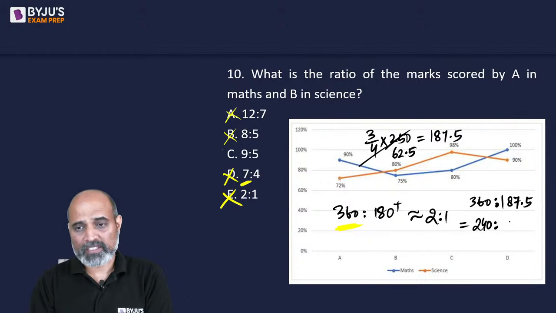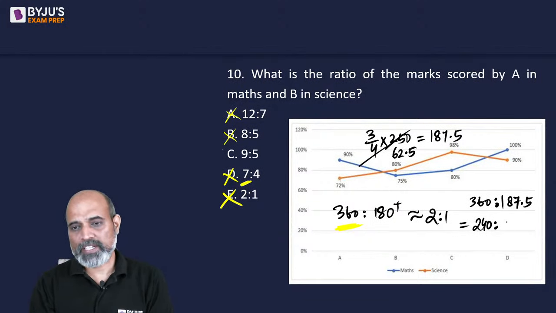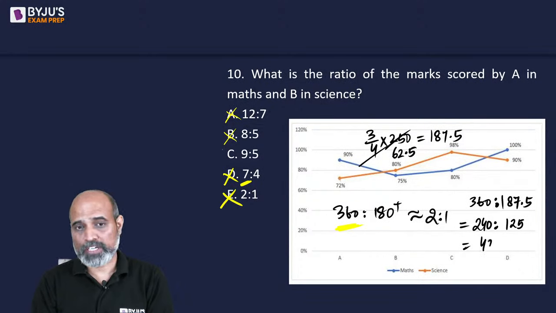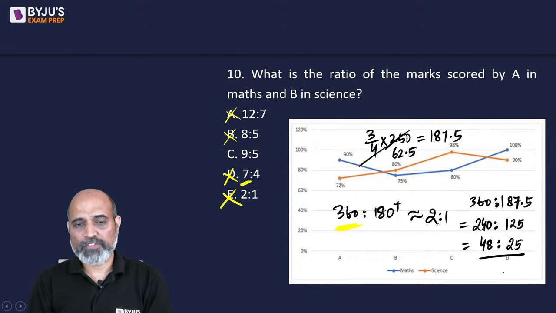And about this, 125 का 1.5 187.5 होता है. Okay, now this can be further simplified by 5. So this is going to give us 48 and this is going to give us 25. 48 is to 25. Which one is the closest?